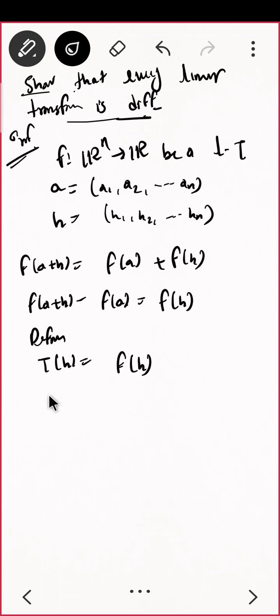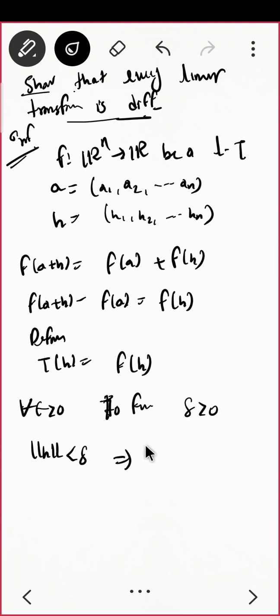Again, what is the next step? For all epsilon positive, we have to find delta positive such that norm of H less than delta should imply what? Norm of f of E plus H, sorry, this should not be a norm.